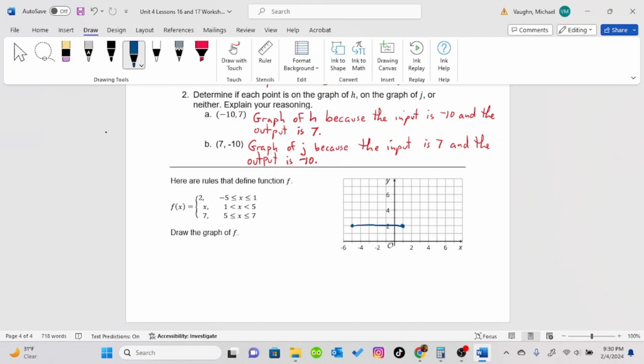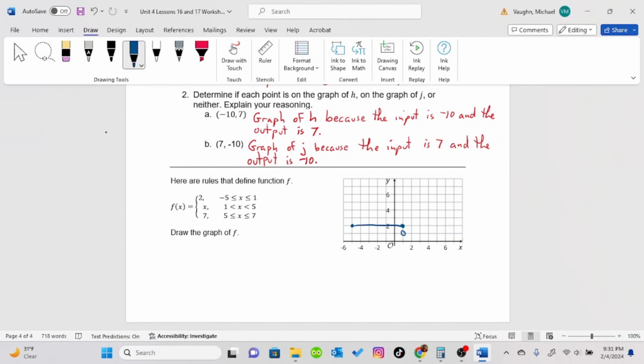The middle rule says that between x equals 1 not included and x equals 5 not included, the value is x. So I want a hollow point at x equals 1 when y equals 1.